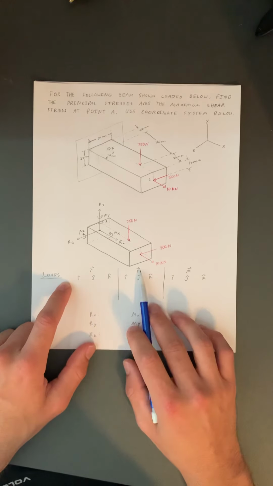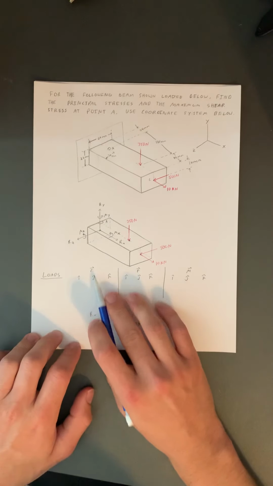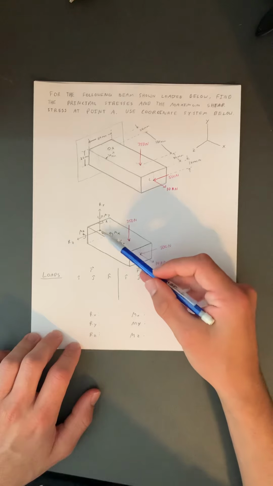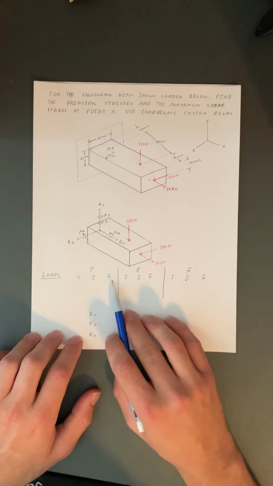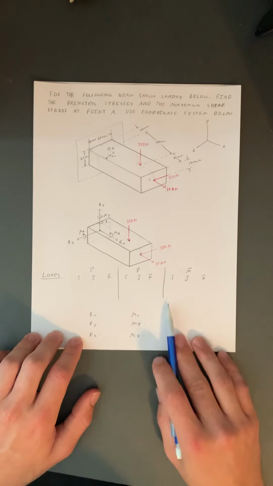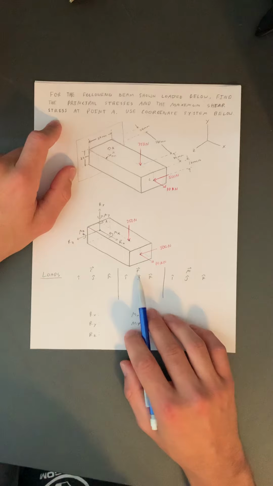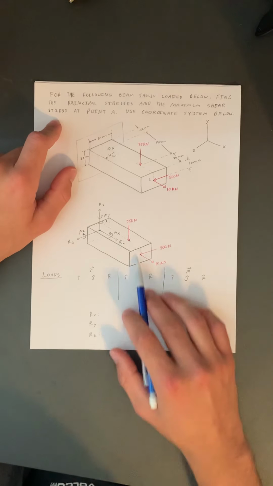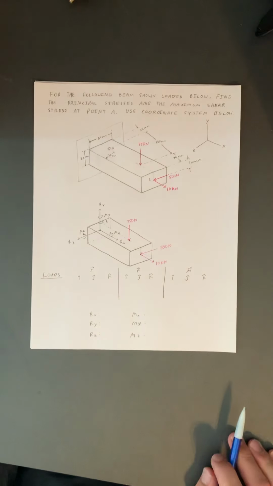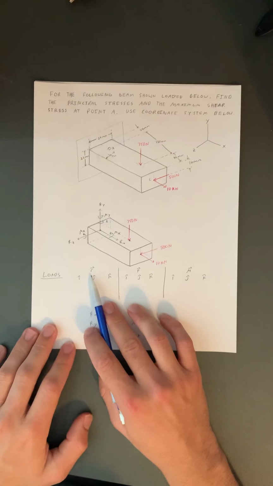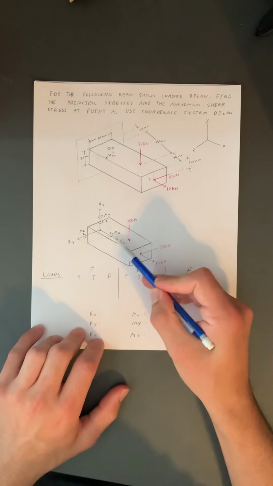The vectors are R, F, and M, R being the location or the distance from the origin in X, Y, and Z, and F being the direction of the force and whether it's positive or negative, also in X, Y, and Z. And then the moment we can simply find by taking the cross product of R cross F, and we will solve for our moment based on the forces.